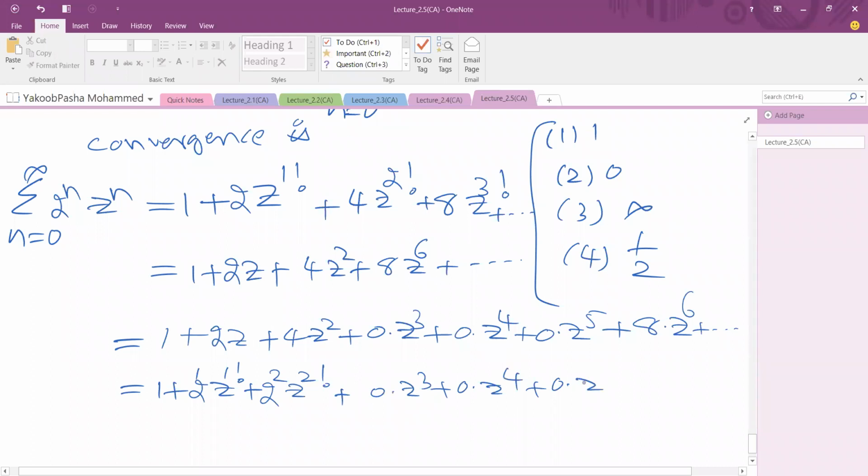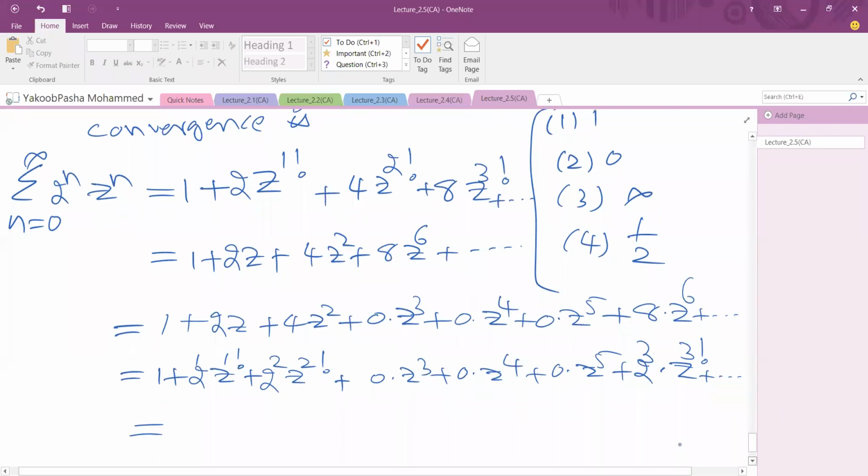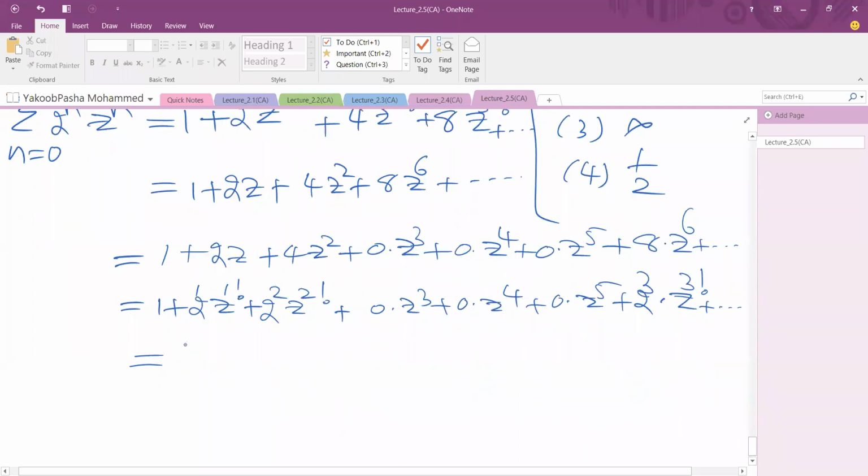Next 0 into z power 5 plus this can be written as 2 power 3 into z power 3 factorial plus and so on. We can write it this way. Okay? So here we have two possibilities for the coefficient.